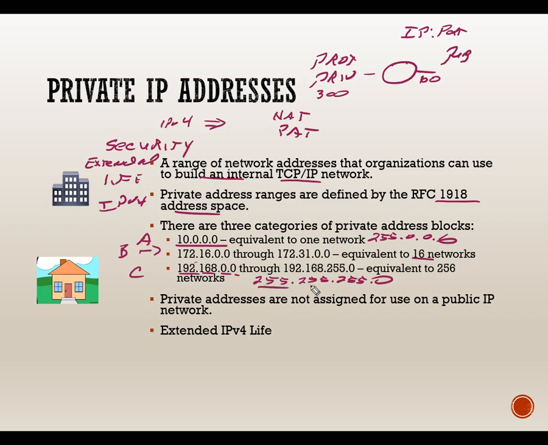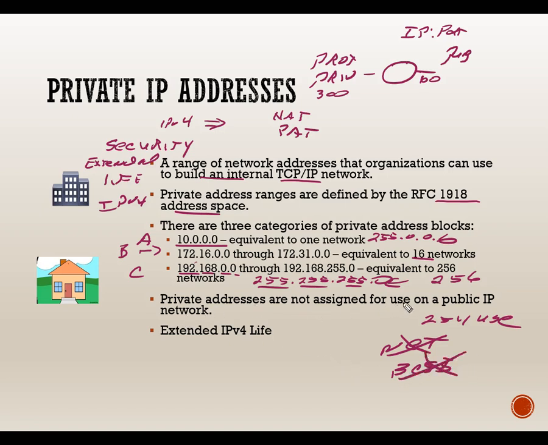255.255.255.0 subnet mask, with host addresses. So we can have 0 to 255 networks here, and we can have 0 to 255 hosts on each of those networks. We can have 256 total addresses, 254 usable addresses. We can't use the network, and we can't use the broadcast.